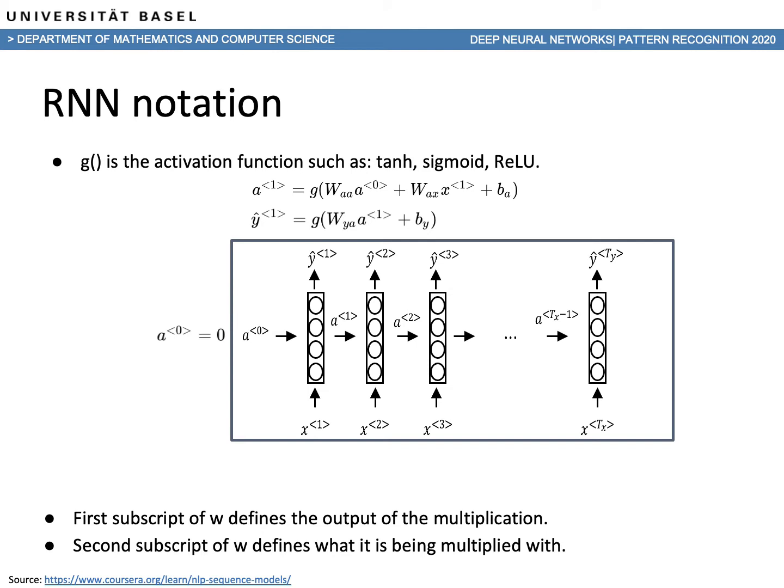So here the first subscript a means it goes into the vector a, and here y goes into the vector y. And then the second subscript a means it's multiplied by a, x here is multiplied by x, a is multiplied by a, and so on.